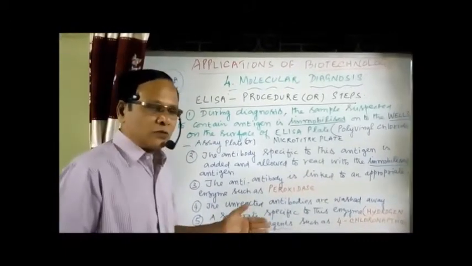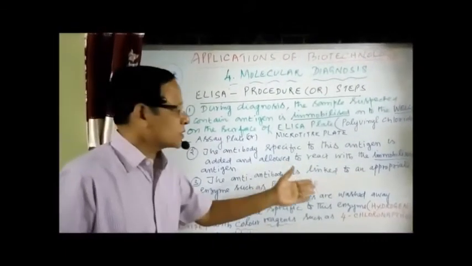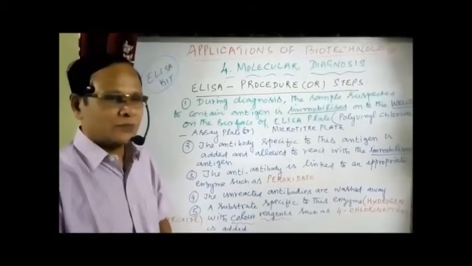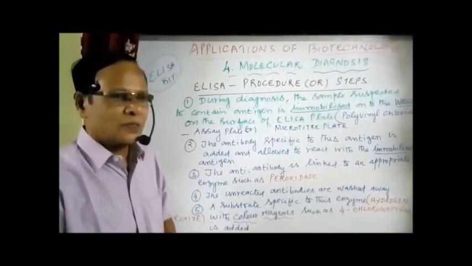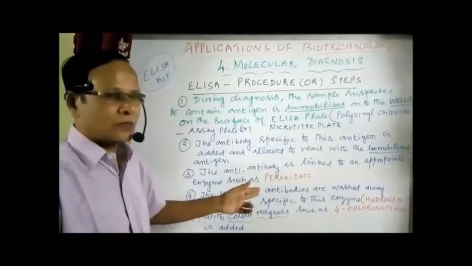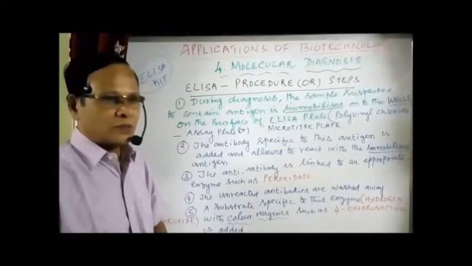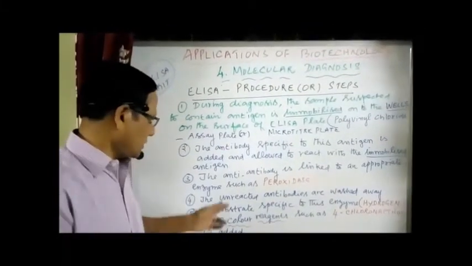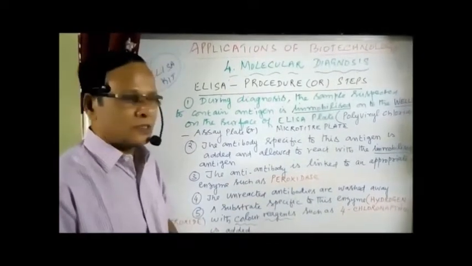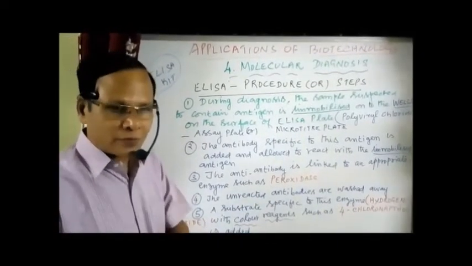Then to the well, we have to add a specific substrate through a buffer solution. The substrate is the one which will react with the enzyme, a substrate specific to this enzyme. The enzyme is peroxidase, which will break down hydrogen peroxide.